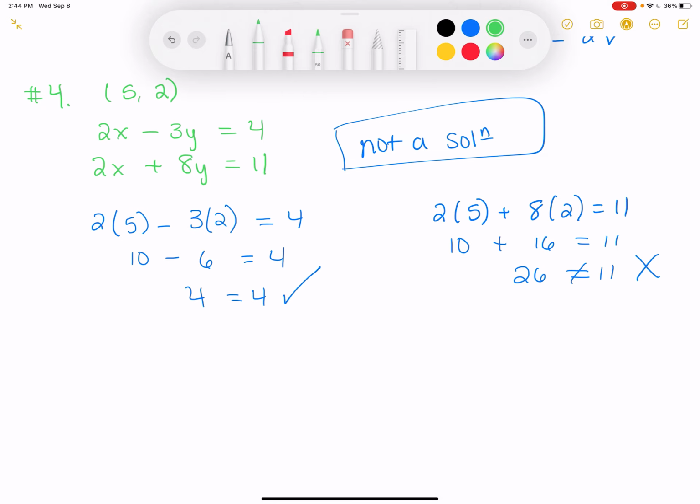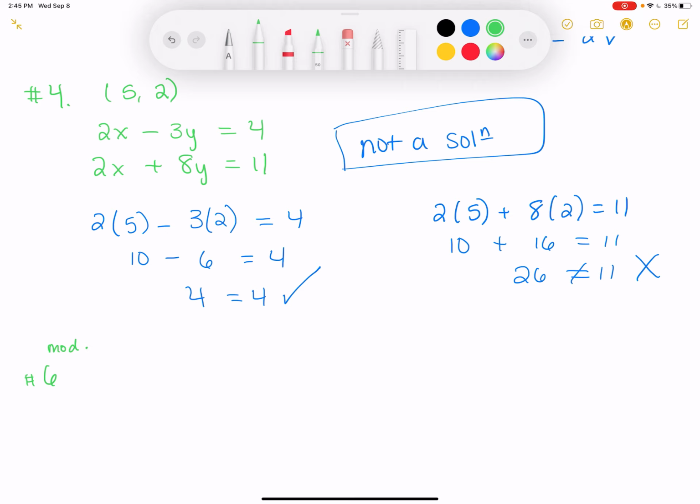Alright, I'm going to give you guys one to try here. I'm going to modify problem 6 a little bit. Just use the same instructions as what we have been doing. I'm just going to use the numbers that they've given us.